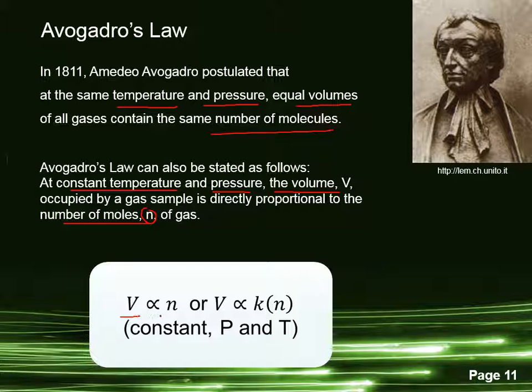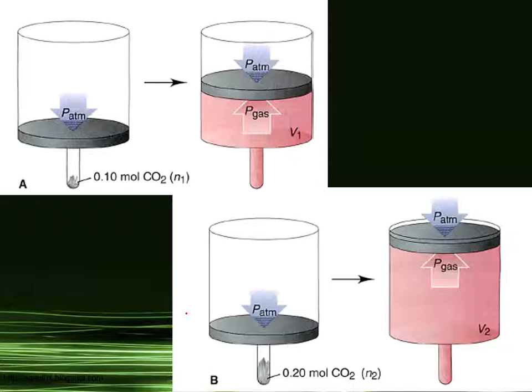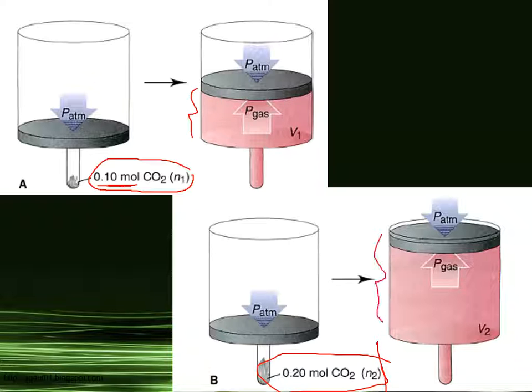Here is an example of Avogadro's law. You can see in figure A the number of moles for CO2 was less than in figure B, and the occupied volume for sample A is less than sample B.